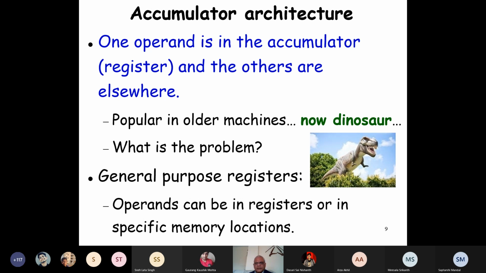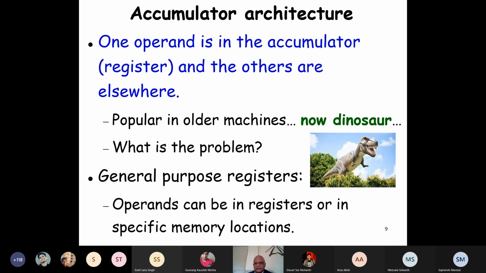So the accumulator architecture is inefficient, because each time you have to bring the operand to the accumulator. If it is in another register, that will not do. You have to bring it to the accumulator, carry out the operation, and store the result somewhere else for every instruction. That's a huge wastage.